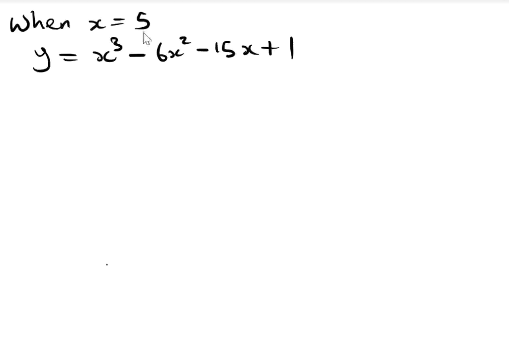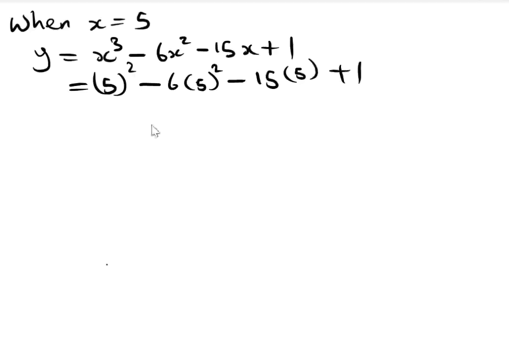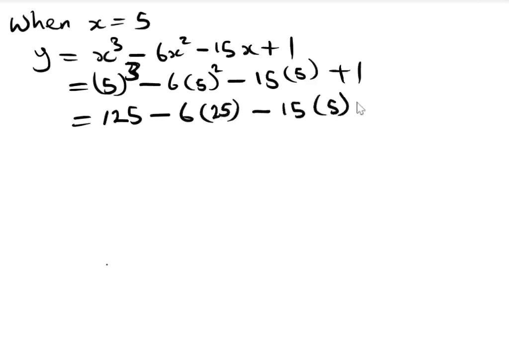If we substitute 5 in this expression, we'll be having 5 cubed minus 6 times 5 squared minus 15 times 5 plus 1. 5 cubed is the same thing as 125, minus 6 times 5 squared, and 5 squared is 25, minus 15 times 5 plus 1.